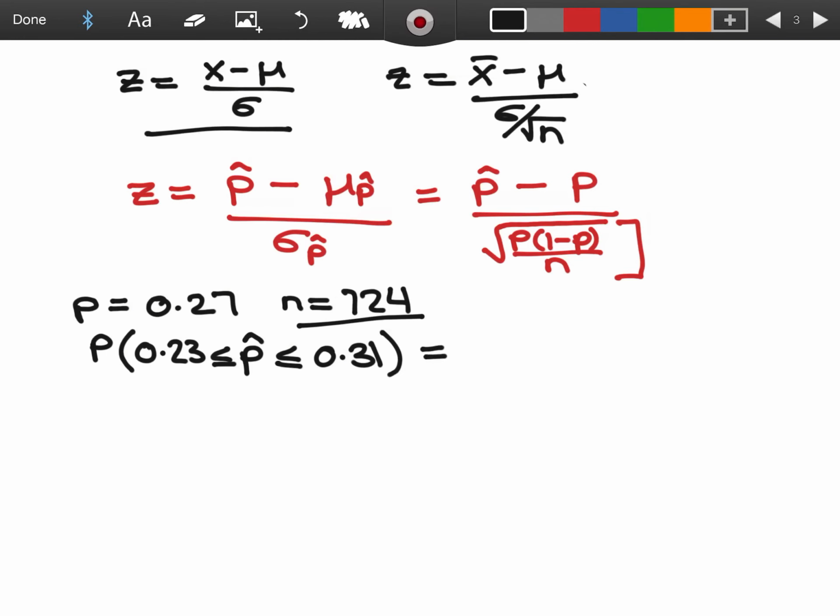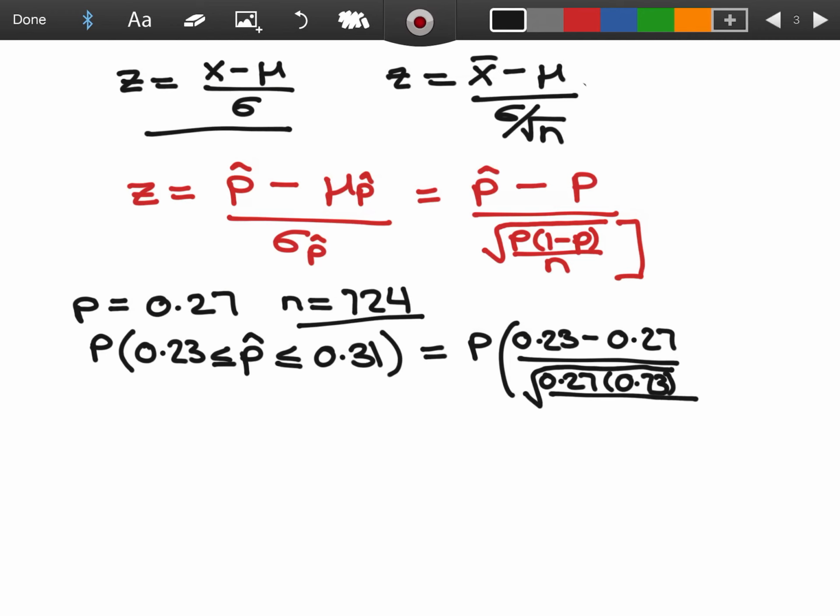Okay, now I need to do my Z transformation on this. So I'm looking at the probability of 0.23 minus 0.27 divided by the square root of 0.27 times 1 minus 0.27, which would give you 0.73, divided by n, which is 724, is less than or equal to p hat minus p over the square root of p times 1 minus p over n.